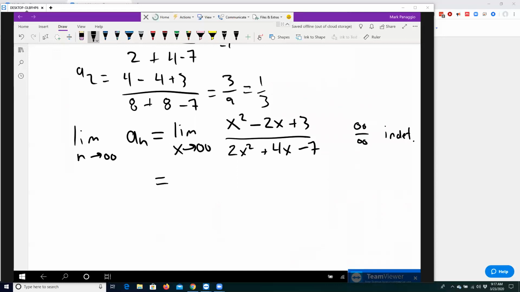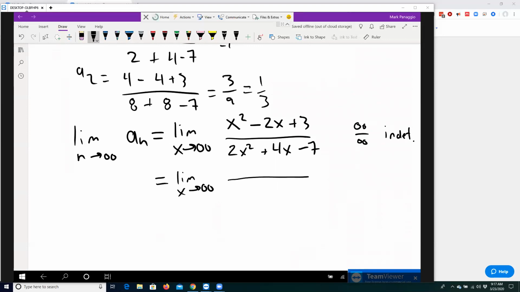All right, so at this point, there are a couple of different strategies you can use. The one that I prefer is when I see a polynomial on top and a polynomial on bottom, I try to multiply the fraction by 1 and choose the power of the fastest growing term when I'm deciding what form of 1 to multiply by.